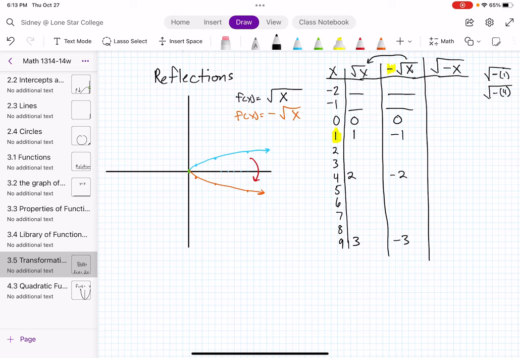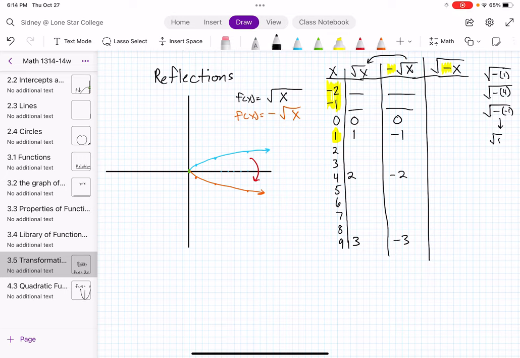But what we can do is this right here. The square root of the negative of -1, because there's a double negative right there, and this then becomes just the square root of 1. So when we start looking at negative x values, we plug in negative x values, these up here. It works with this negative sign on the inside and actually makes them positive.